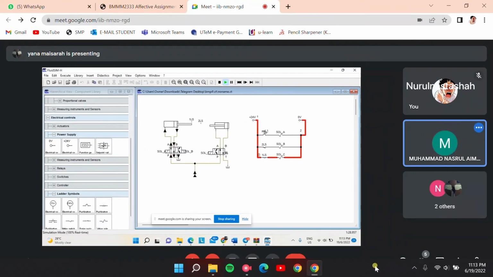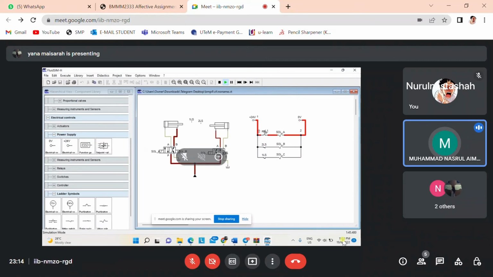Then it actuates to the left, and the air flows to cylinder 2 and extends cylinder 2 to the certain point, 20 centimeter. When both cylinders reach 20 centimeter, the solenoid is triggered and pushed back to the original position, moving to the right. Then both cylinders retract.